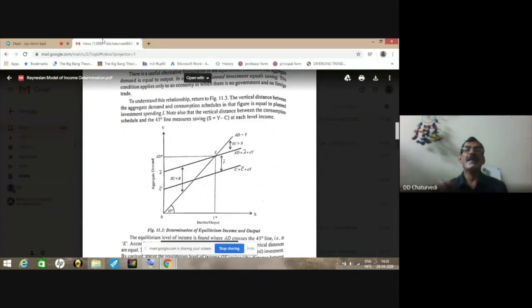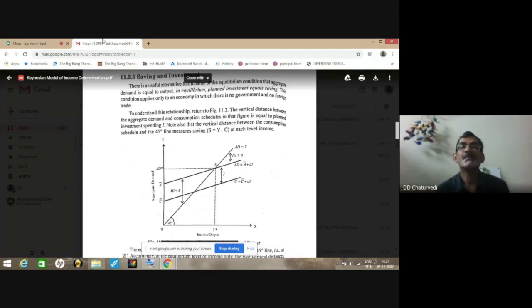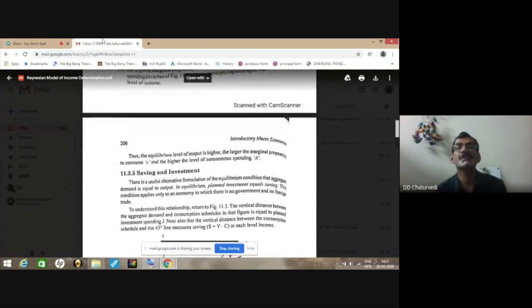So when MPC is higher, that means slope is higher, and if slope is higher, that means equilibrium will be attained at a higher level of output. This is something you can easily try by making further diagrams.